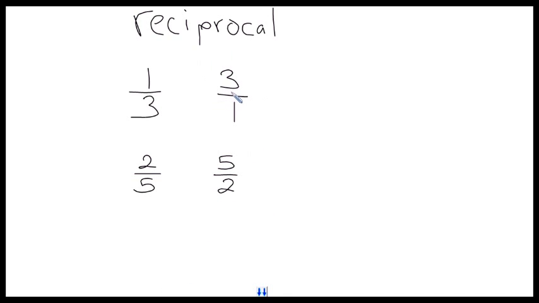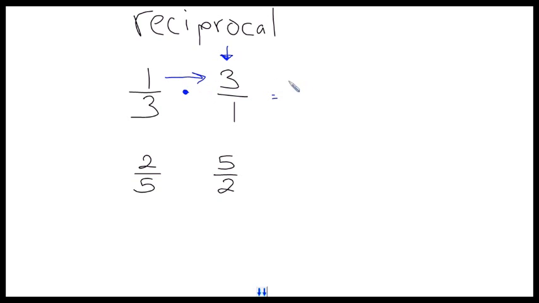Let me show you why this is the case. The reciprocal really doesn't just mean you flip it. The actual math behind it is that the reciprocal is the fraction that makes the original fraction a whole number once you multiply by it. Let's look at an example. If we multiply the reciprocal of 1/3, which happens to be 3/1, times the original fraction, 1/3, look at what happens.